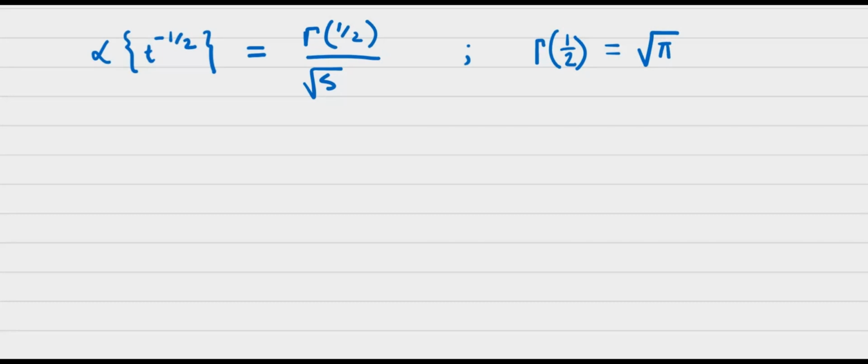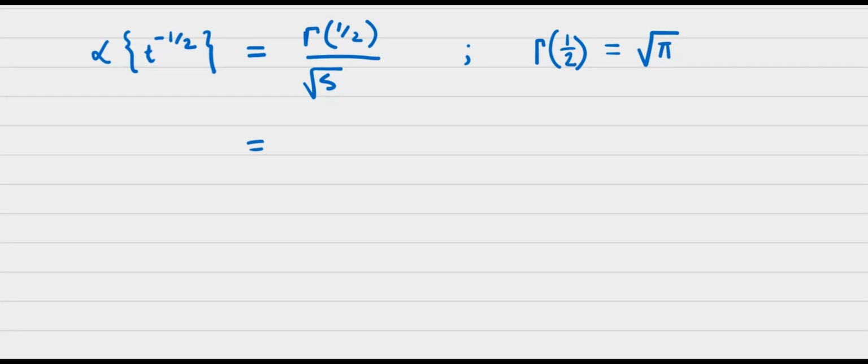Now you might be asking the question, how can we find pi or square root of pi out of a function whose results for integers are factorials? That doesn't make any sense, but it does. And in a separate video, I'll explain this by the form of Gaussian integral, but that is not relevant here because I'm not explicitly showing it to you, but I'm just giving you the information and the fact that it is still doable.